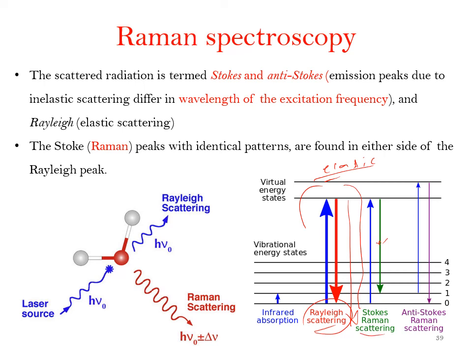On the other hand, if an electron at a different vibrational energy state in the ground state is ejected to a higher energy state, and when it returns to the ground state it returns at a different vibrational energy state, anti-Stokes-Raman scattering could occur. That anti-Stokes-Raman scattering results in a photon with higher energy.